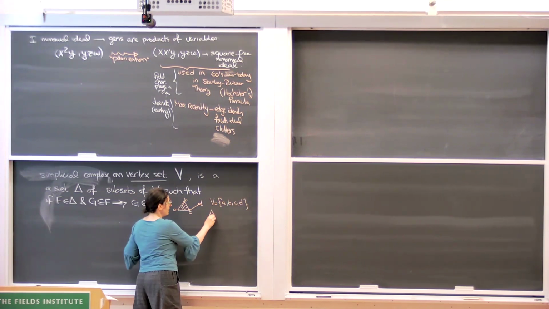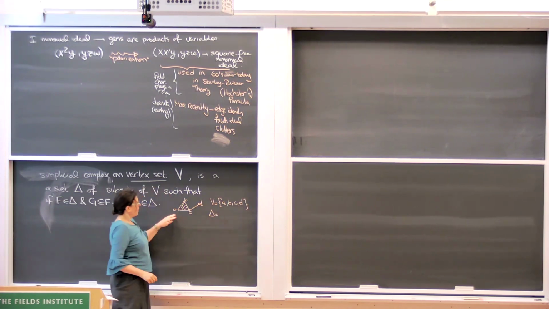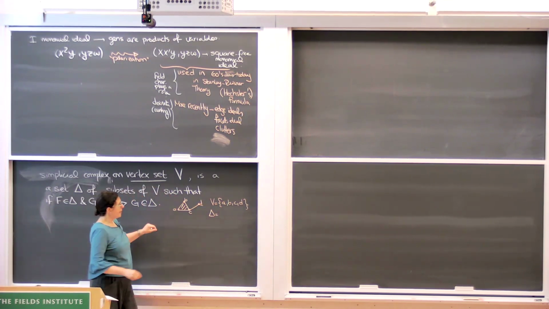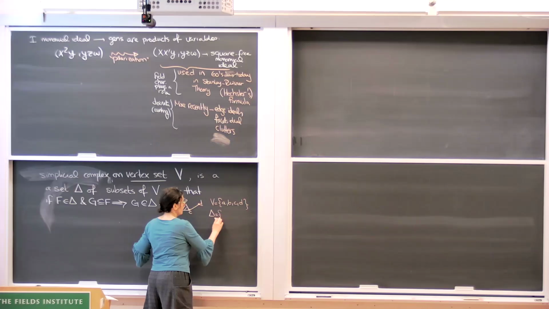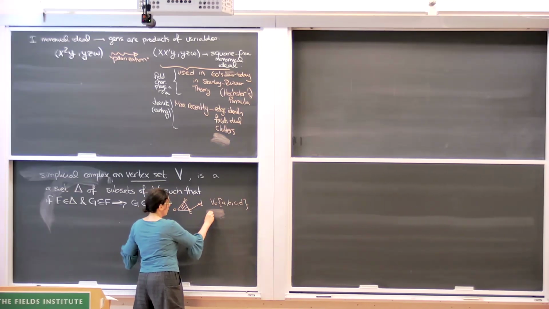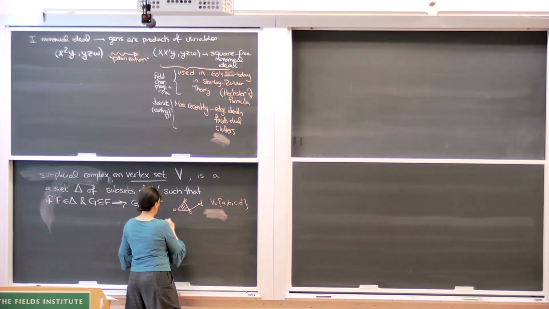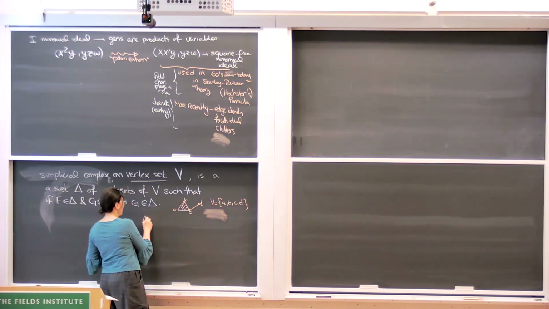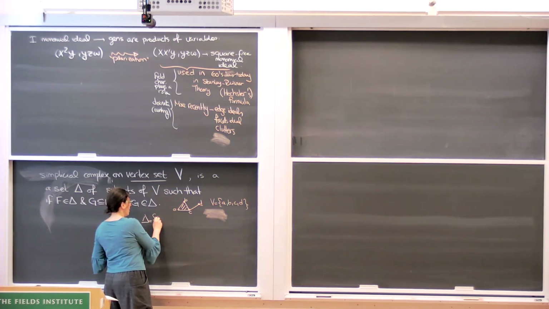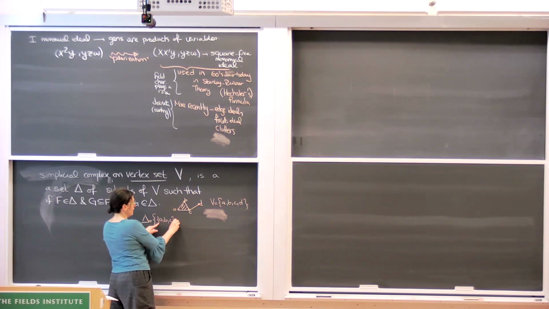And my delta itself is the set A, B, C. Actually, I'll write it properly. Sorry, I should make up my mind ahead of time. A, B, C, and all of its subsets.